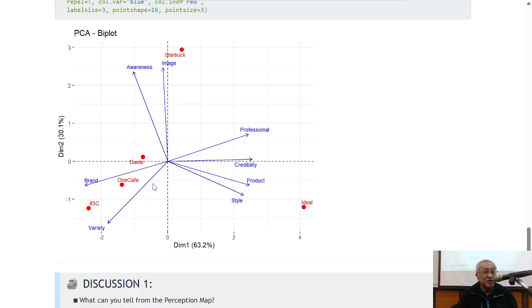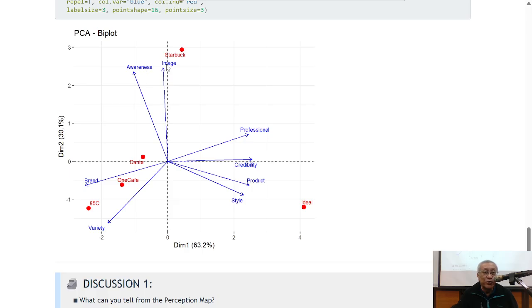In this chart, you can see a lot of things. First of all, the similarity across the brands. These 3 brands are quite similar, and these 2 brands are particular, with some special meanings. The second thing is that you can see the correlation among the variables.